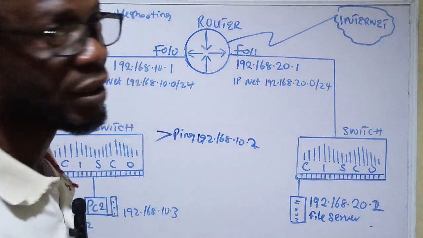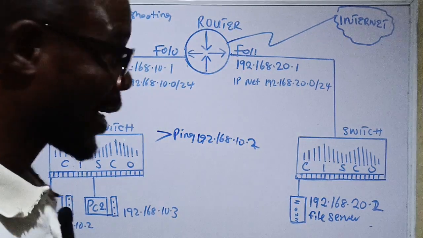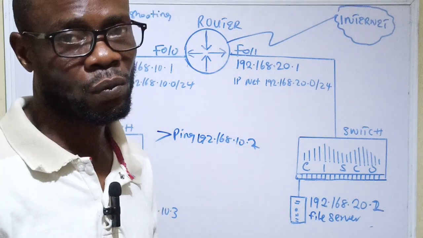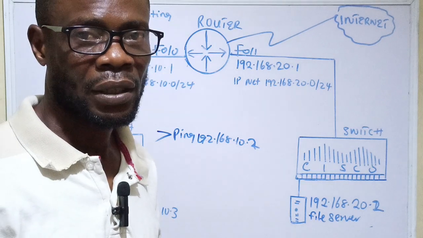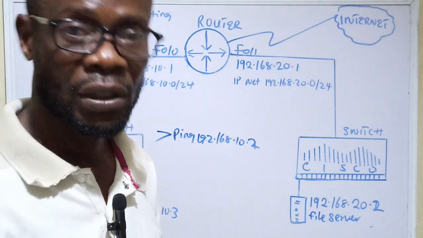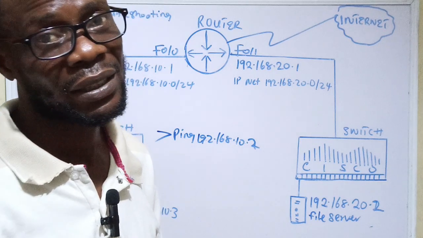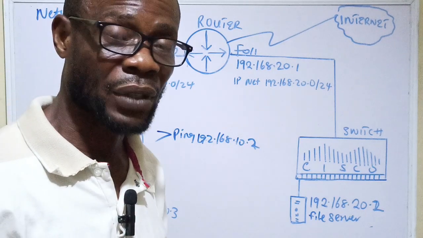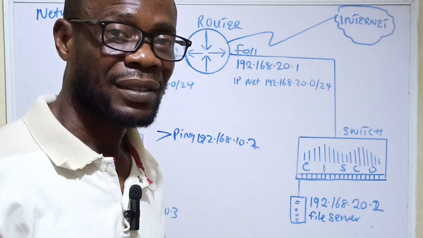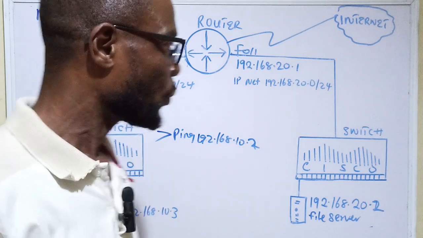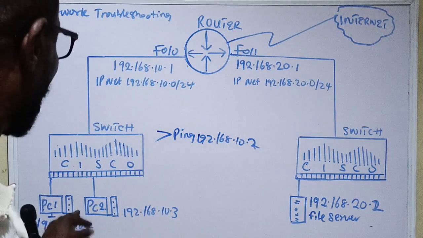If this ping is successful, it means the network interface card, NIC, is working properly. If it fails, it means the network interface card is bad and needs to be removed and a good one inserted. So let's assume that it's successful.